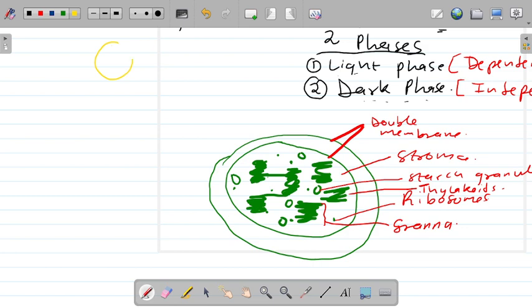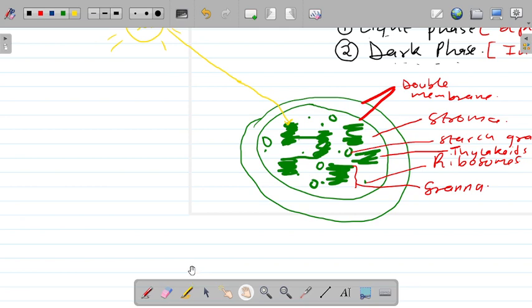Now, the sun rays will penetrate through the epidermis and the cuticle of the leaf, then the cell membrane of the palisade mesophyll cells, and then into the chloroplast through the double membrane into the grana. Where in the grana? In the thylakoid. That's where photosynthesis actually starts to take place.